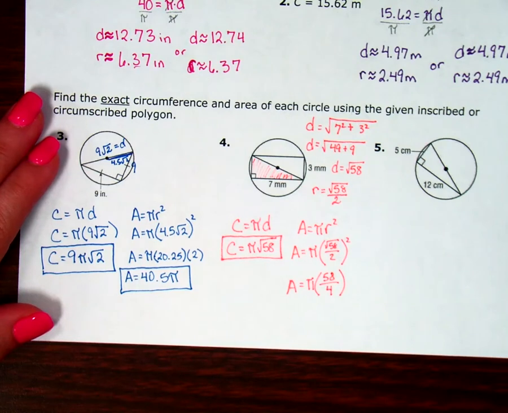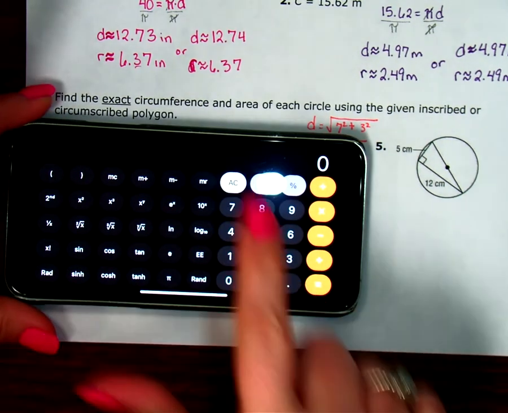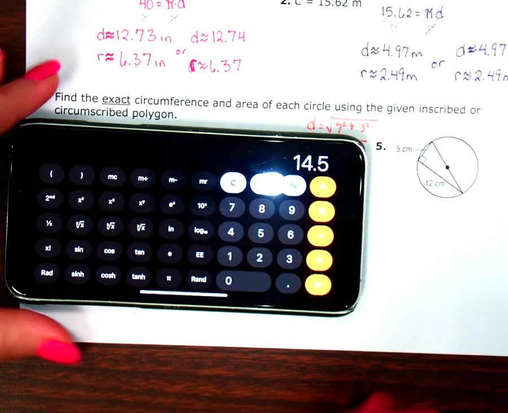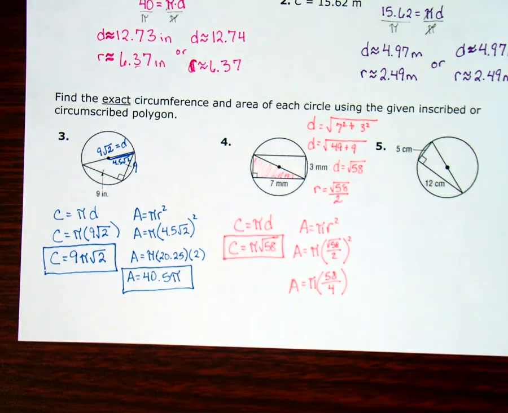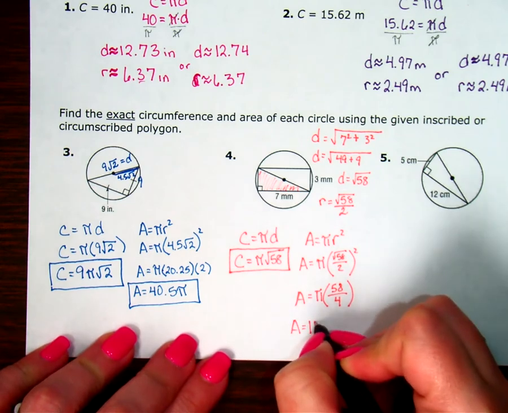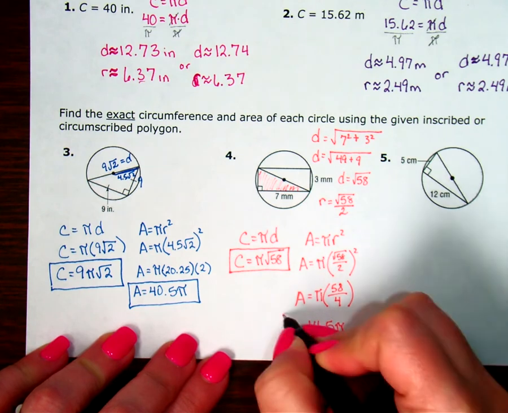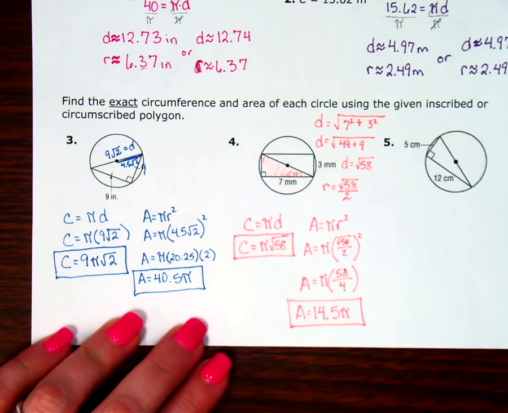So 58 divided by 4 is 14.5. That 14.5 is going to move to the front, and the pi will go on the end. And that is my exact area.